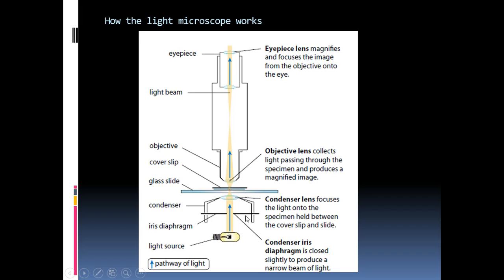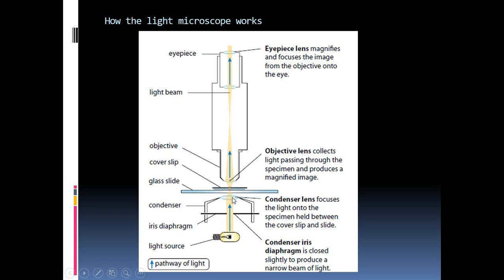Okay, and then the second part that you have here is the condenser iris diaphragm. Yes. So normally we will just call this the diaphragm. Okay, and the function of the diaphragm is to create a narrow beam of light, and at the same time it controls how much light should be passed on to the lens.